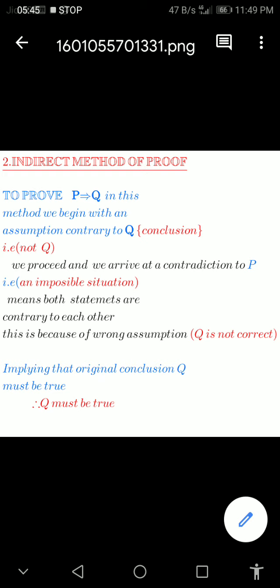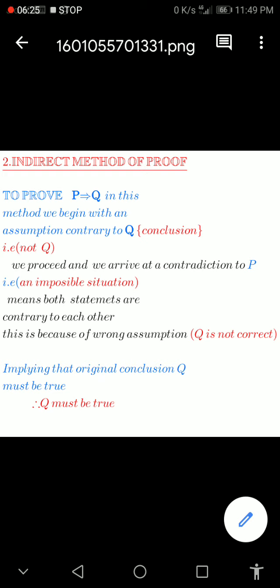Actually, the conclusion Q must be proved. We assume that the original conclusion is false. By assuming that, we arrive at data contradictory to the hypothesis. That means we get both the statements contrary to each other.